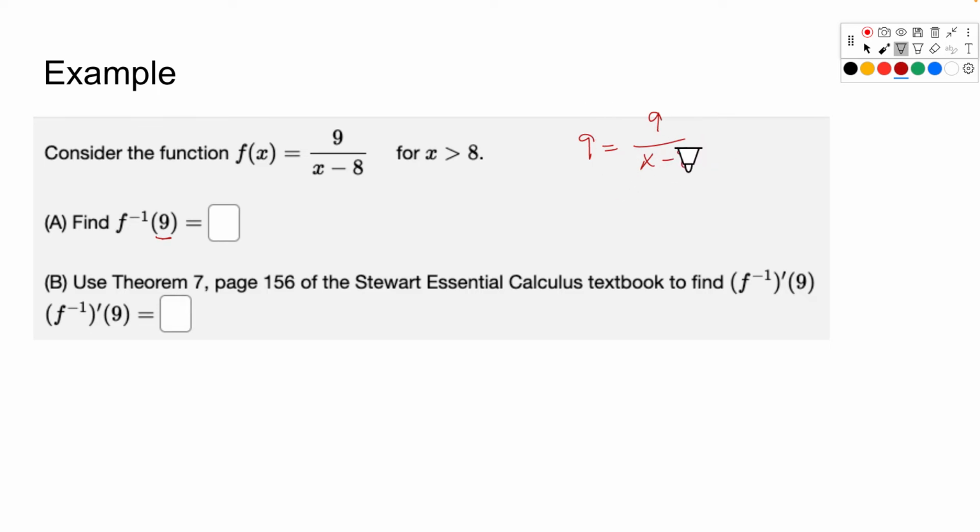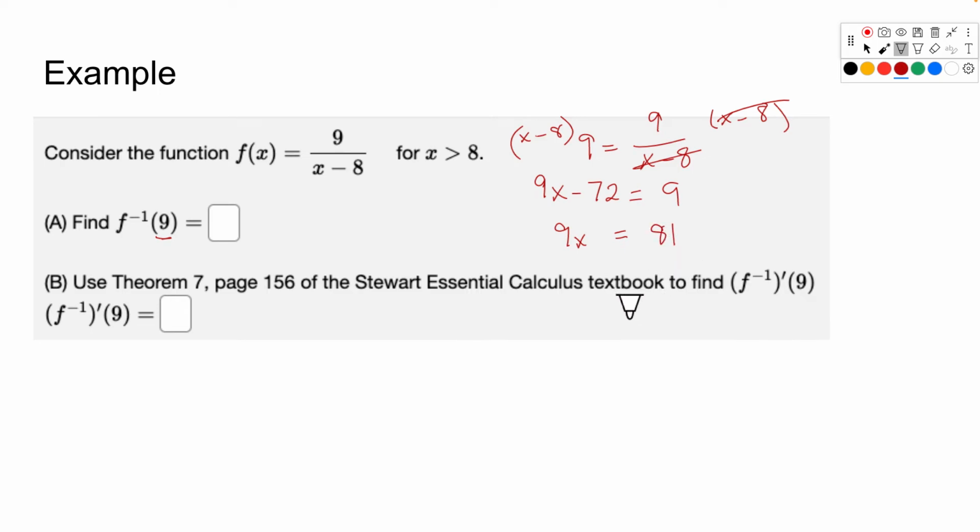And so we could solve this, multiply both sides by x minus 8. I think it's the best way to do that. Distribute, you get 9x minus, is that 72? Equals 9. So you add 72 to both sides. 9x equals 72 plus 9 is 81.